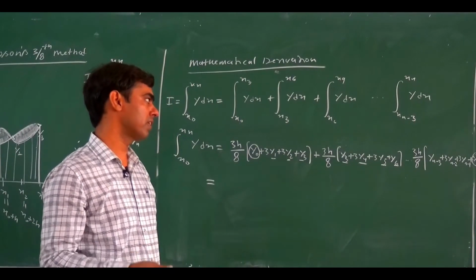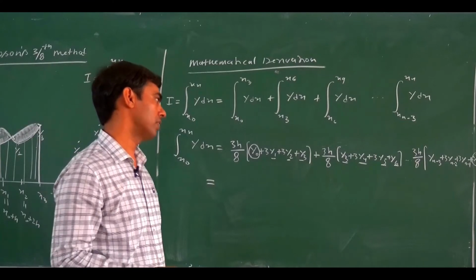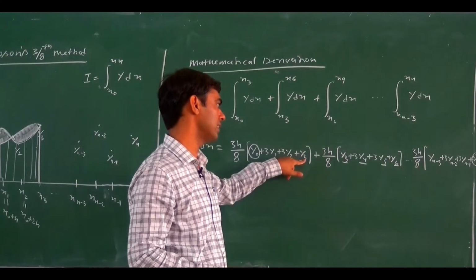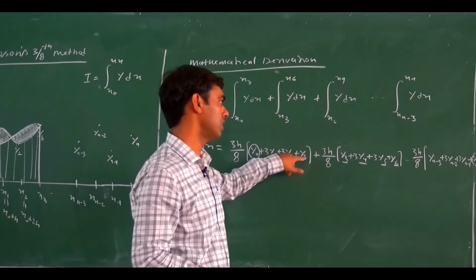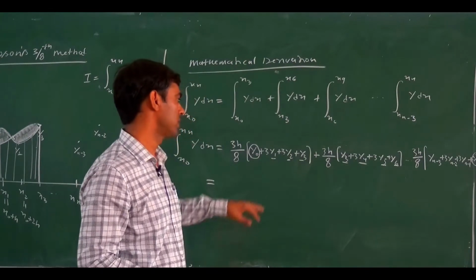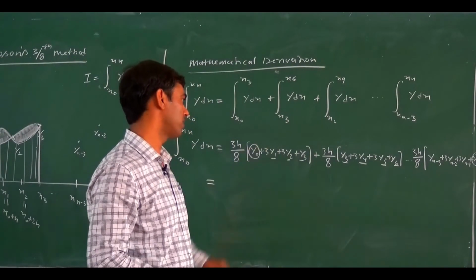Means, if the subscript of y is a multiple of 3, it will occur 2 times, and all other terms except the first and last are not multiples of 3.